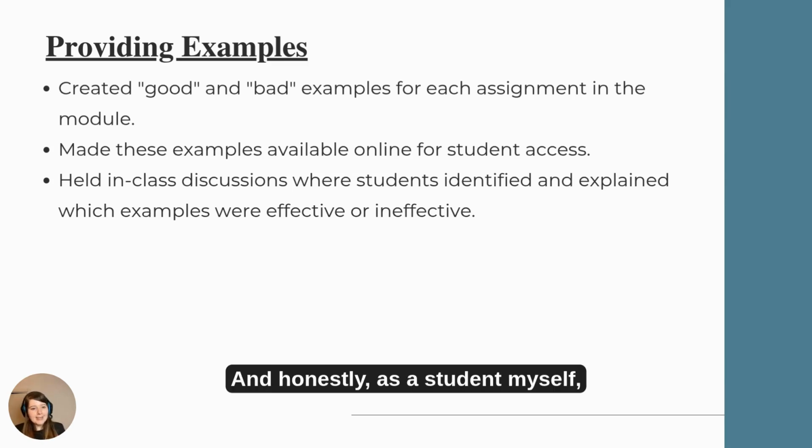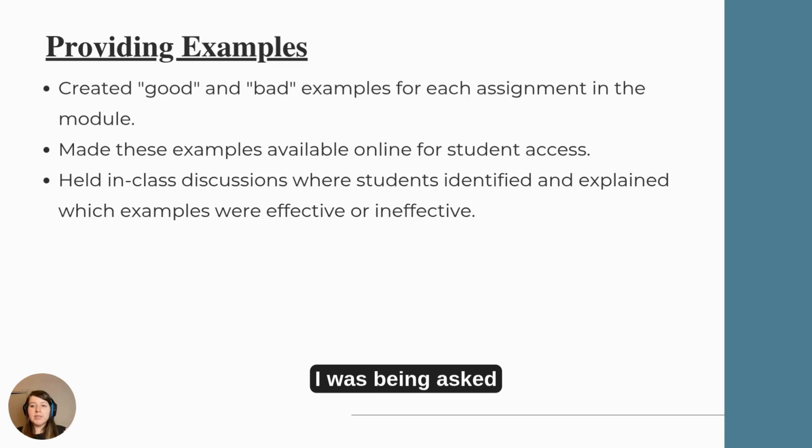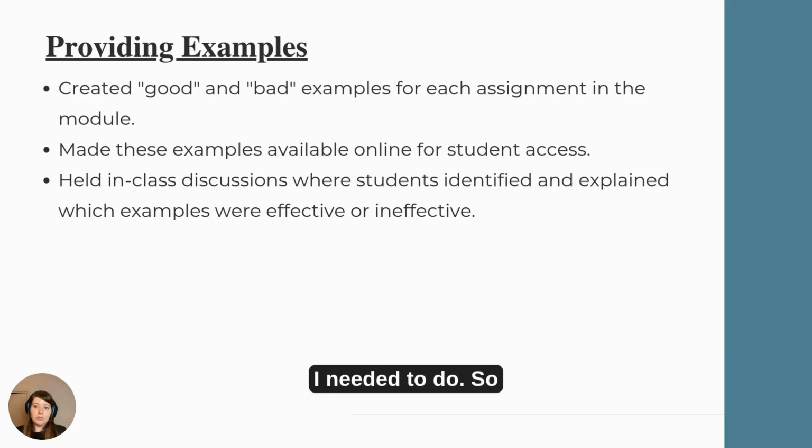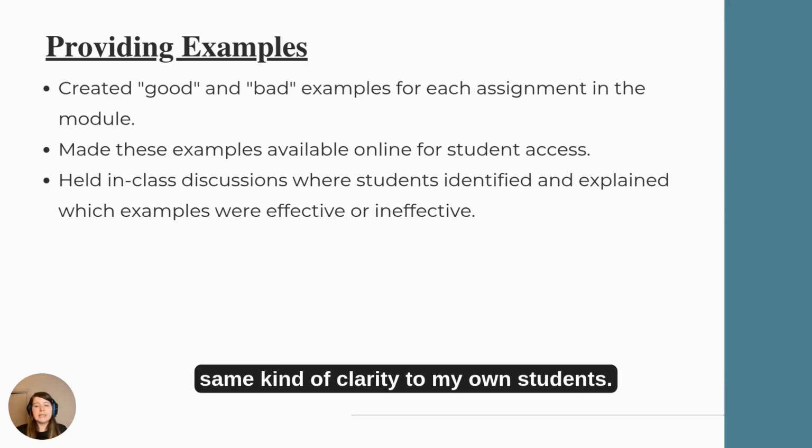Honestly, as a student myself, I found that incredibly helpful because it gave me such a clear understanding of what I was being asked to do. And I really think it helped me get higher grades because I could visually see what I needed to do.